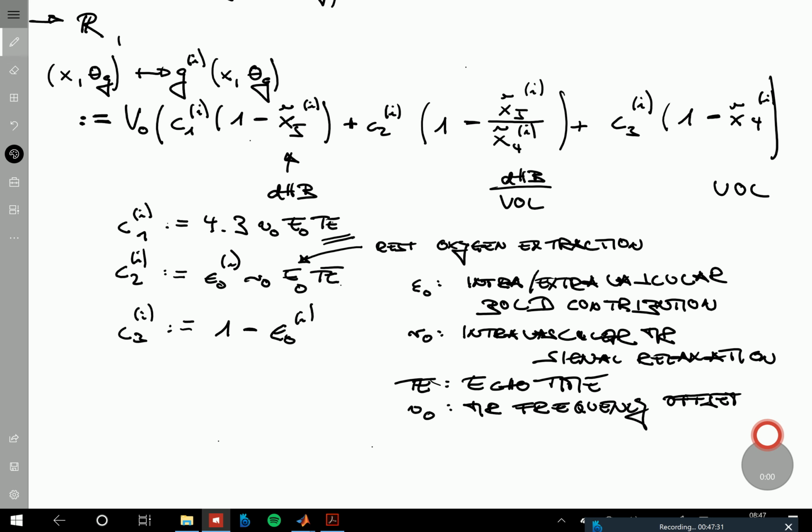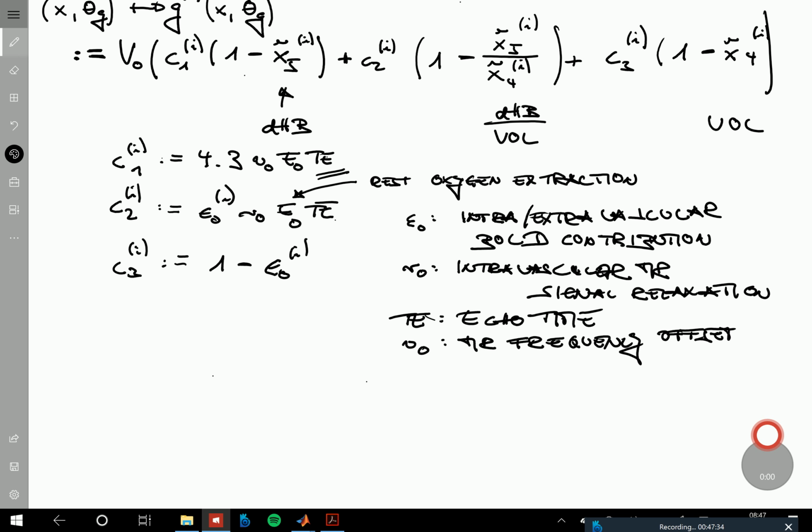And there's one other thing. I'm missing something else here, TE, E0. So, what's the main point of this? Nu0 is the frequency offset at the outer surface of magnetized vessels in Hertz.